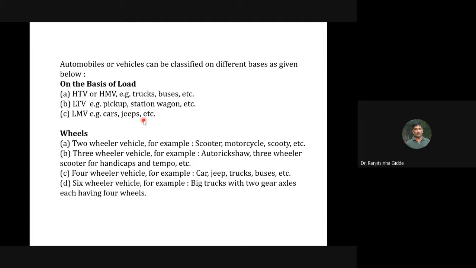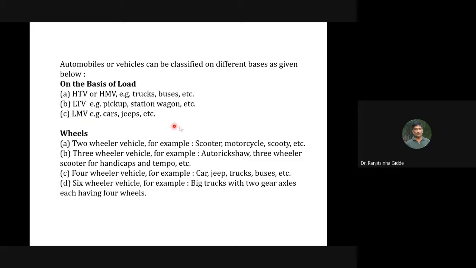The vehicles which are used privately, or sometimes to transport passengers from one place to another, come under light motor vehicles. Now, in line with this, I would like to tell one example.